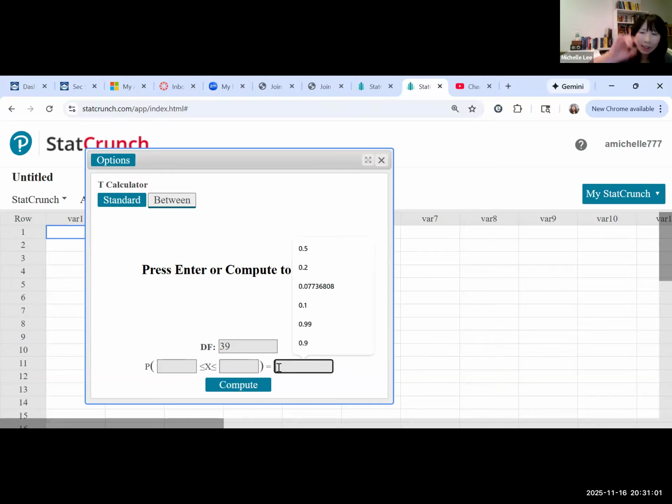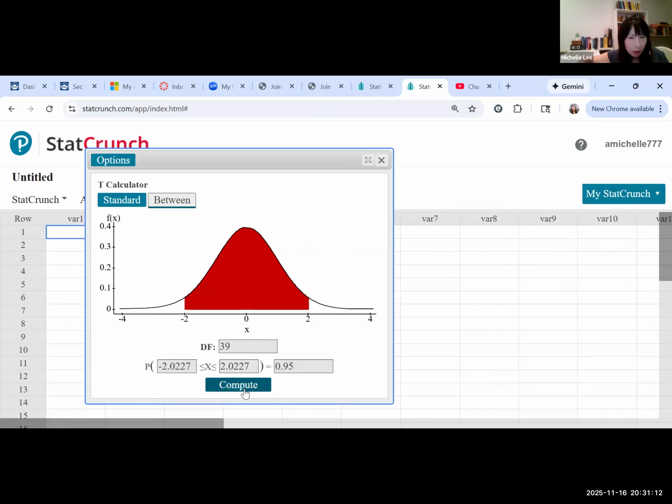Make it empty, and for the 95% level of confidence, put 0.95 probability. Compute. We use the positive value because it is the area of the right tail. So 2.0227.